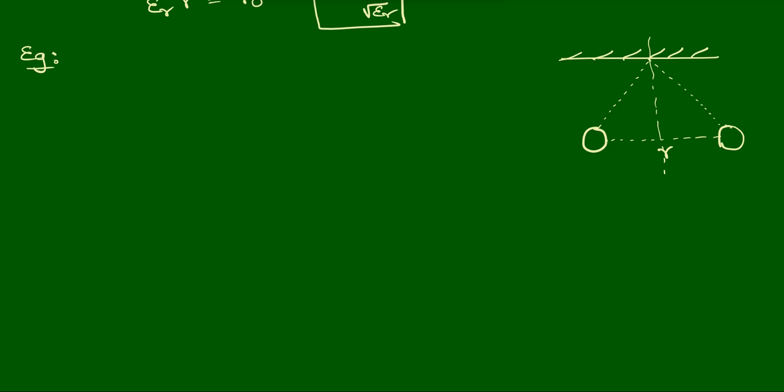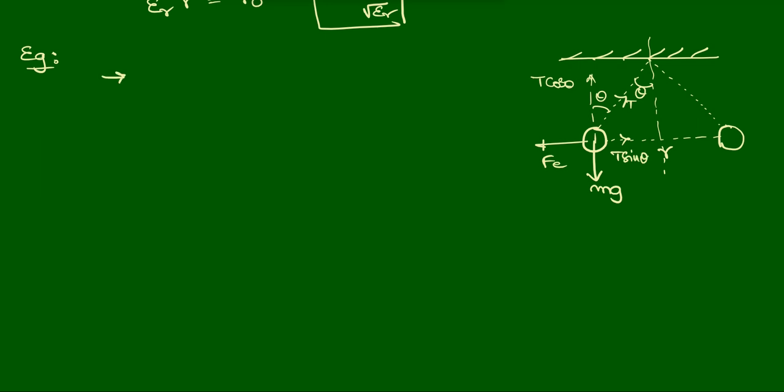If this distance is r, each will experience an electrostatic force in this direction, and weight will act in the downward direction. Tension in the string is T. If this angle is theta, this angle is also theta. So we can resolve the tension like this: T cos theta, and in this direction we'll have T sin theta.